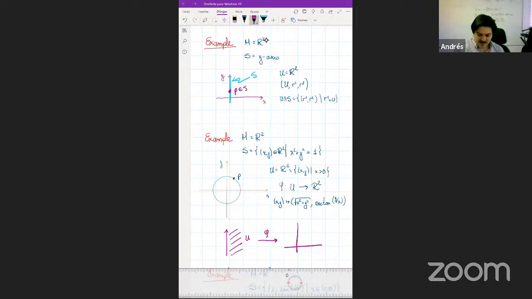So this is R, this is theta, R between 0 and infinity, right? And theta is going to be between minus pi and pi, right? So let me do this more carefully here.